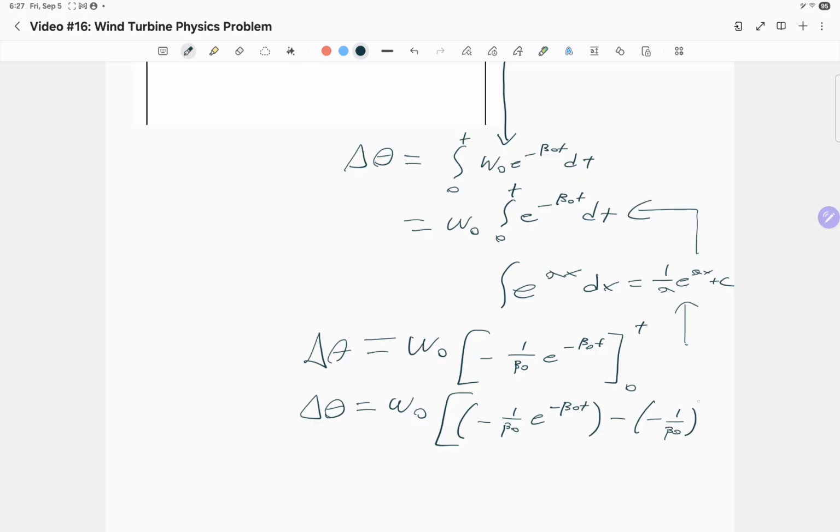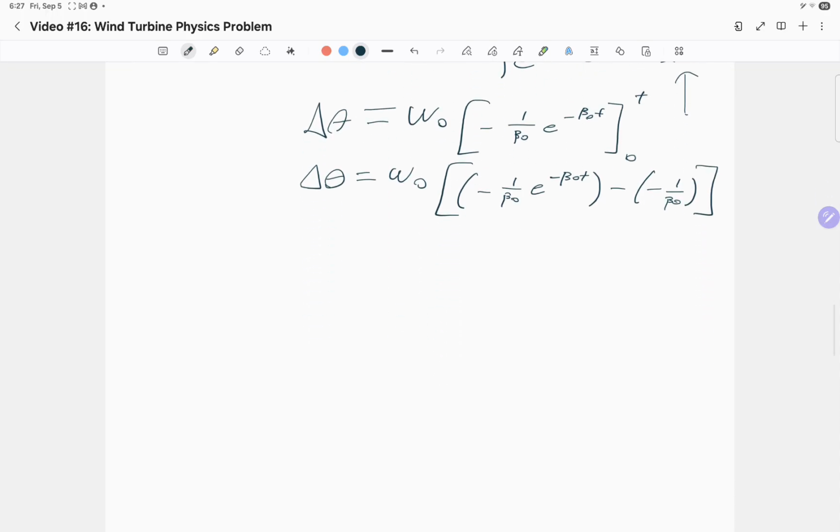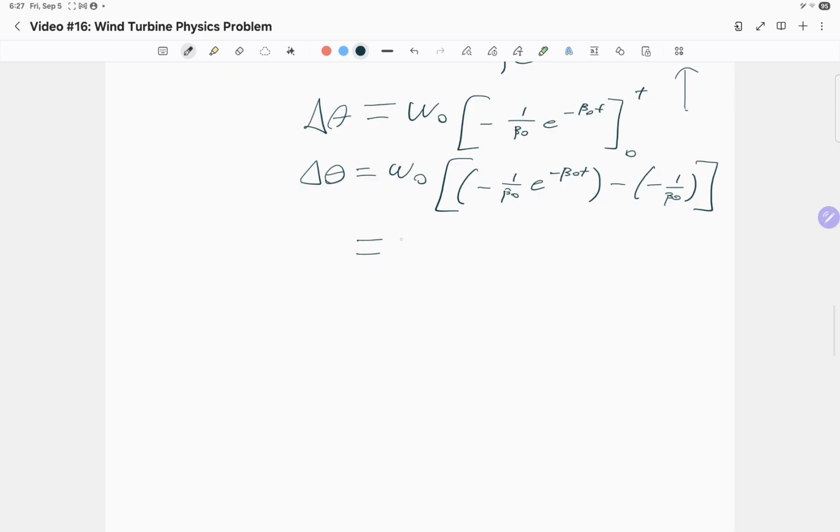We're starting to wear out by the end of this, but we'll persevere and finish it off strong. If I rearrange what we have in the parentheses, I have 1 over beta sub 0 plus minus 1 over beta sub 0 e to the negative beta sub 0 t.